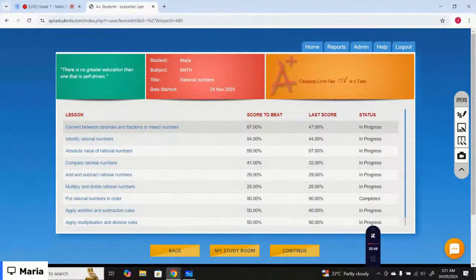The next one is absolute value of rational numbers. So let's just start with the next lesson.